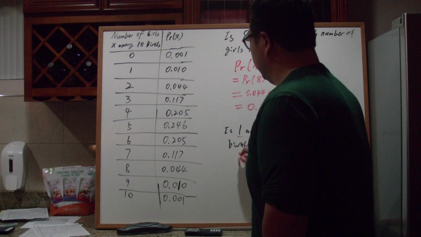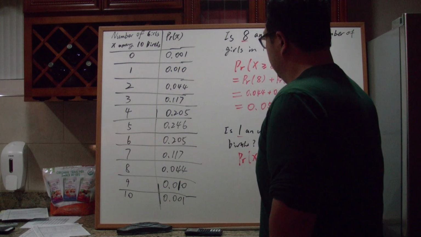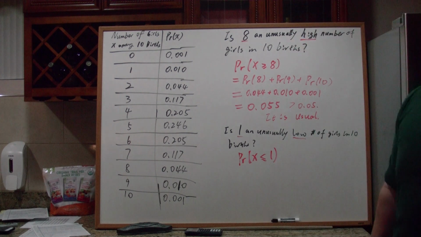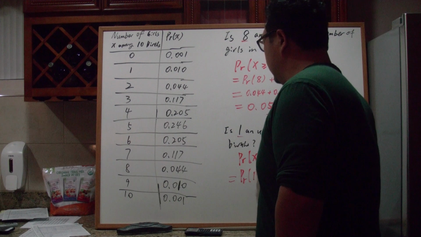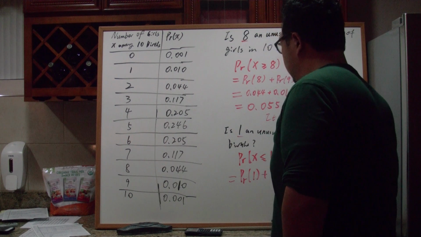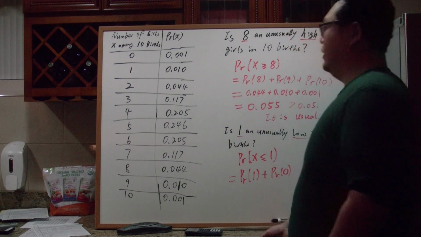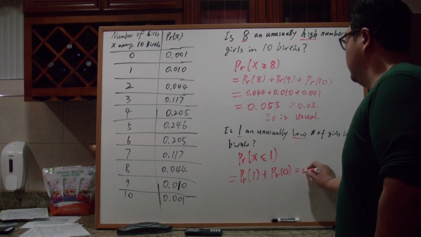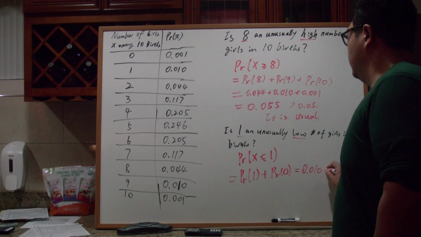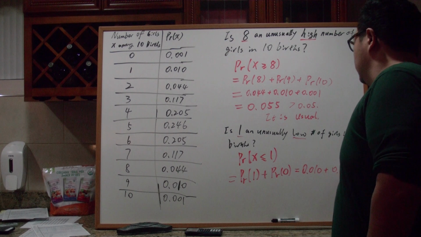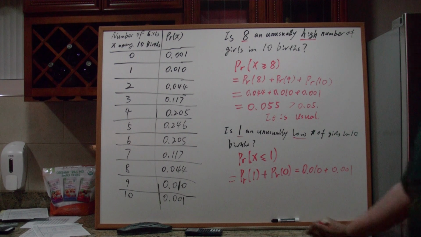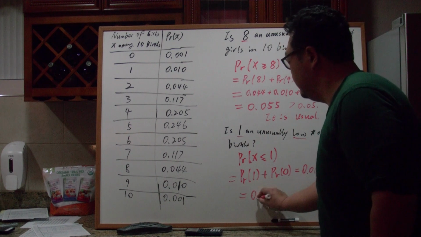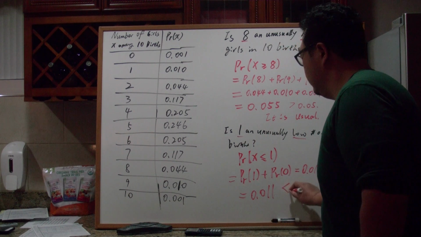Then we're looking for the probability of 1 or less, which is the probability of 1 or 0. 1% plus 0.1% is 0.011.